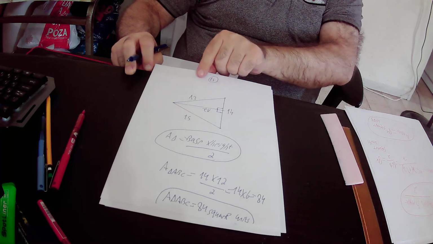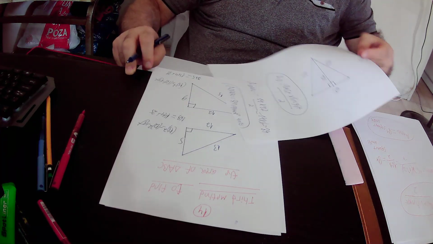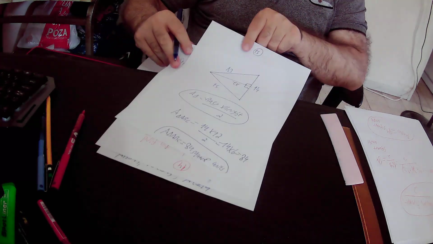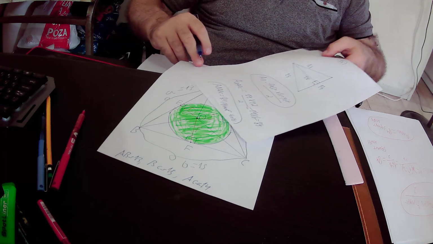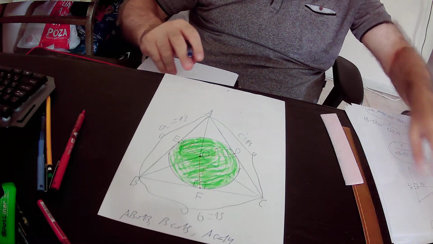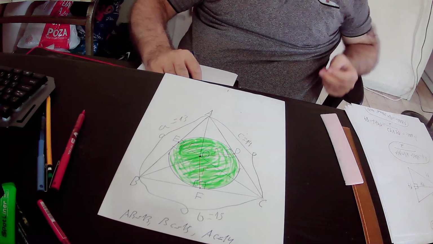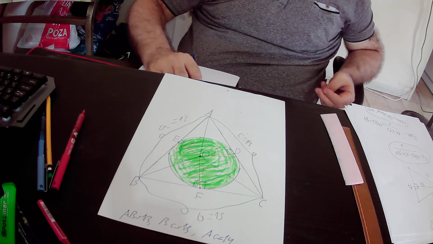Okay, so in the next step, we'll present to you a second way to find out the radius of the green circle.